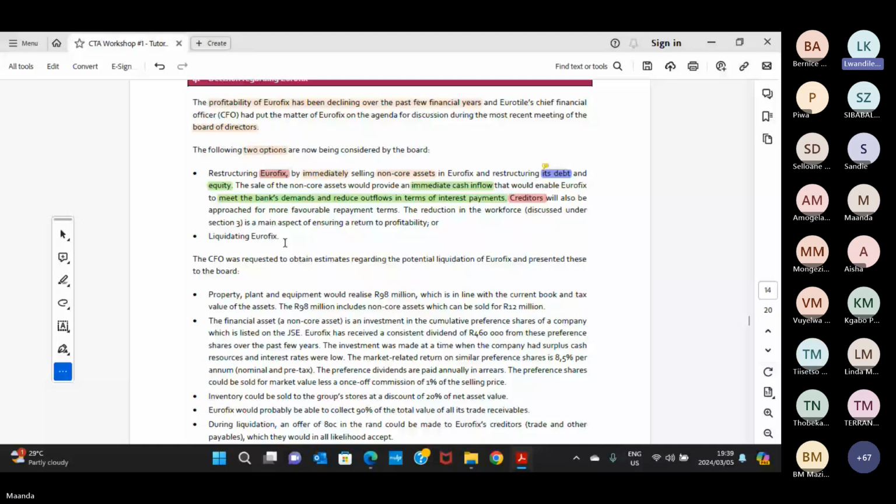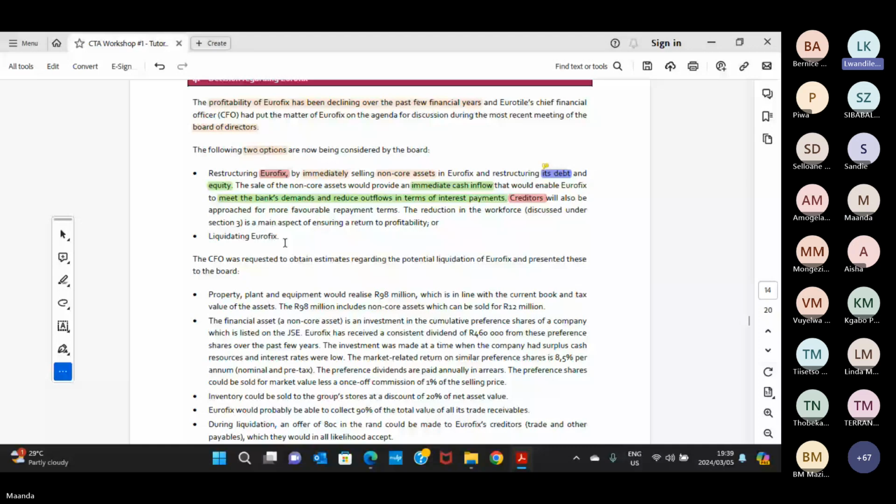Yes. So I'm not sure if my thinking is in the right direction, but if you look at the restructuring, they're talking about selling non-core assets and also debt restructuring. Since there's the immediate selling of non-core assets, linking it to the debt, debt must have some sort of collateral.